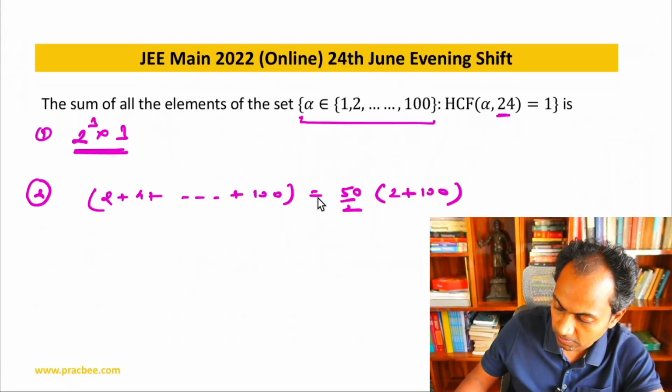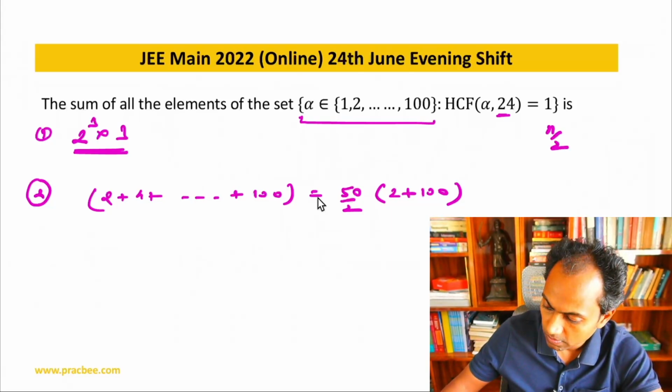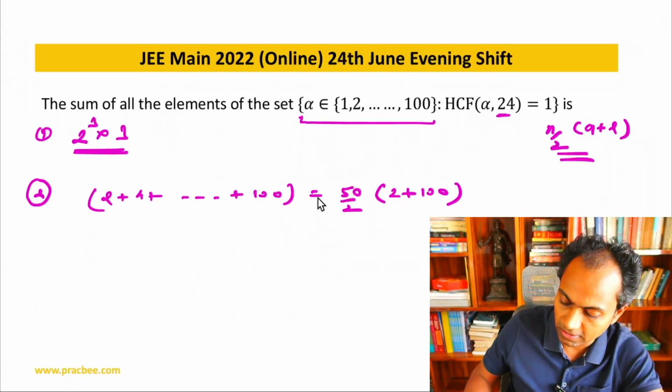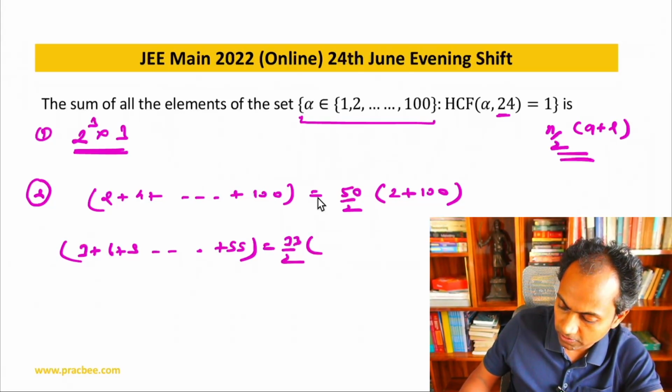This is nothing but sum of arithmetic progression. So we have applied n by 2 into (a plus l) in order to find the sum of the series. Now if same series would have been for 3, it will be 3, then 6, then 9, it will go up till 99. There are 33 terms here, so 33 divided by 2, 3 plus 99 will come.